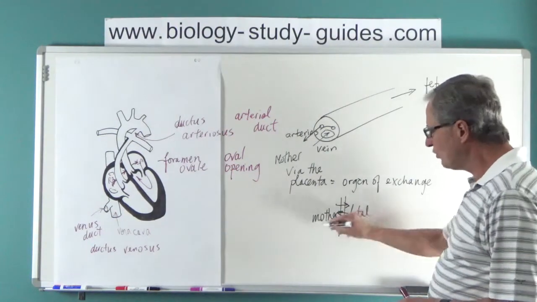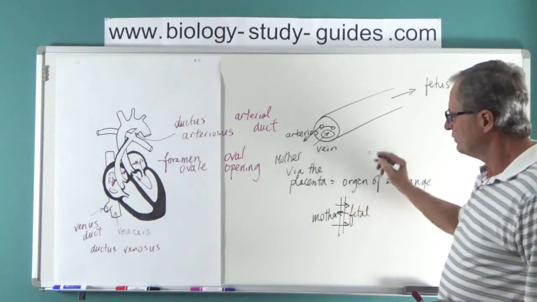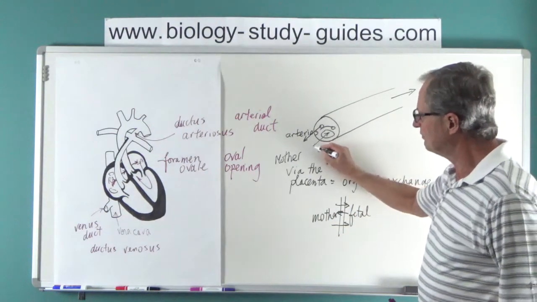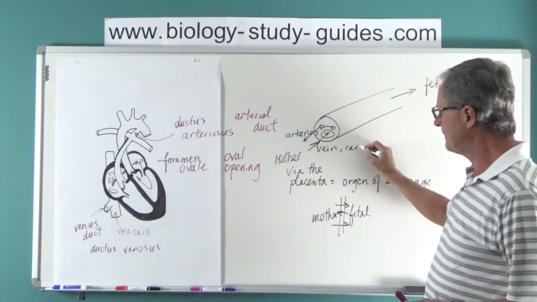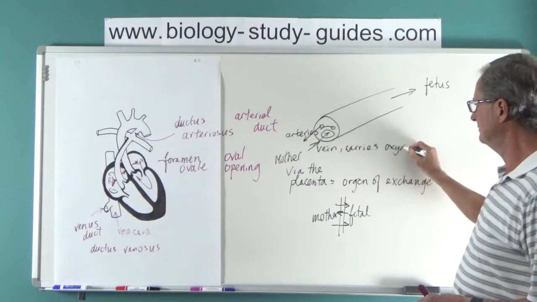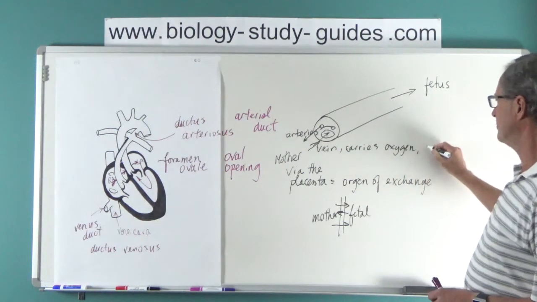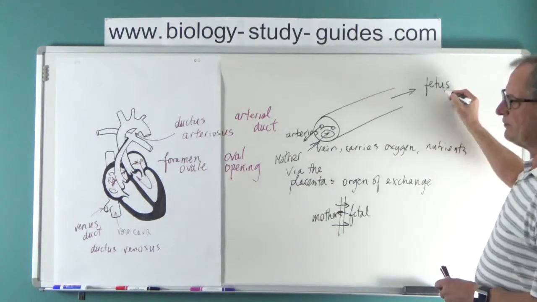So it's this organ which is extremely important during a pregnancy. So what we have is the umbilical vein, which conducts oxygen. So it carries oxygenated blood, nutrients into the baby.